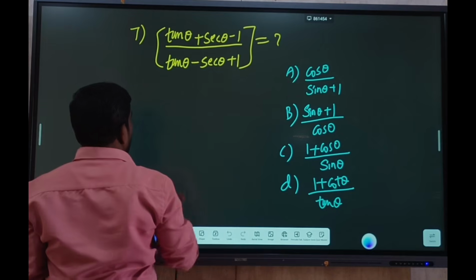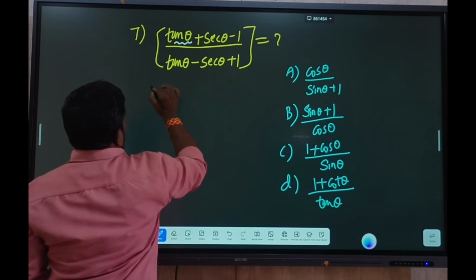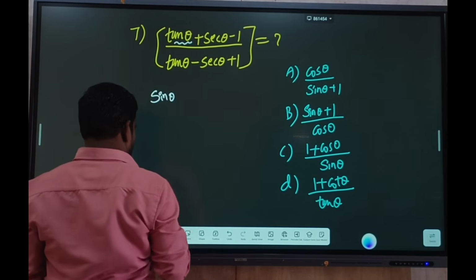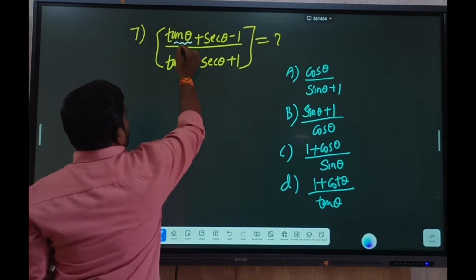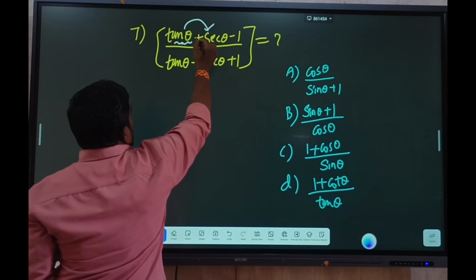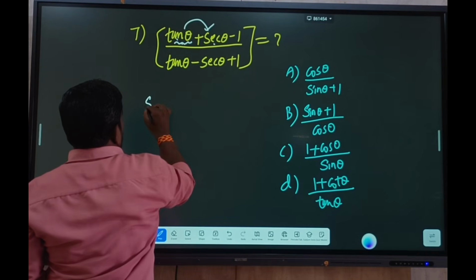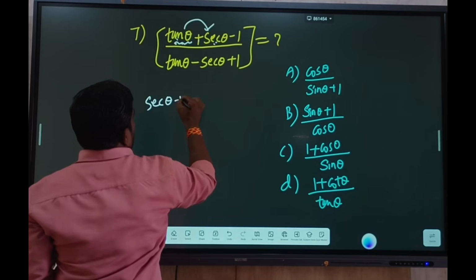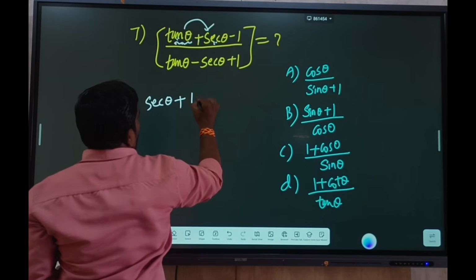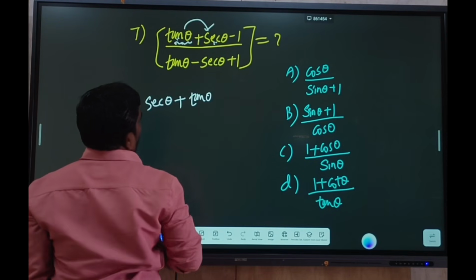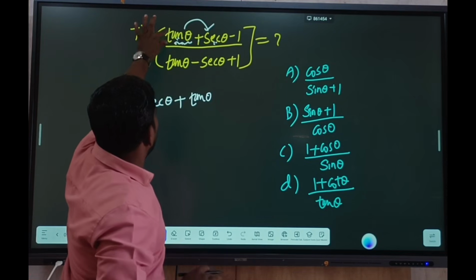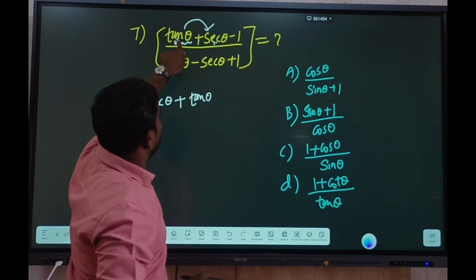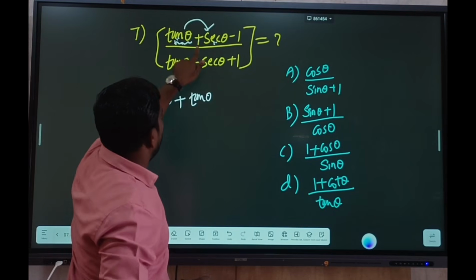Now I observe the tan theta. First tan theta is given, so write the secant theta. Secant theta, plus.